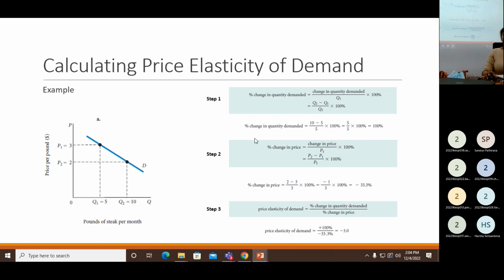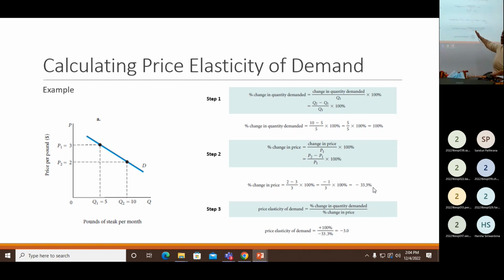That is step 1. In step 2, you calculate the percentage change in price, similar to the previous scenario. Second price minus first price divided by the first price, so 2 minus 3 divided by 3 times 100%. The final value comes to minus 33.3%. Now you have separately the percentage change in quantity demanded and the percentage change in price.